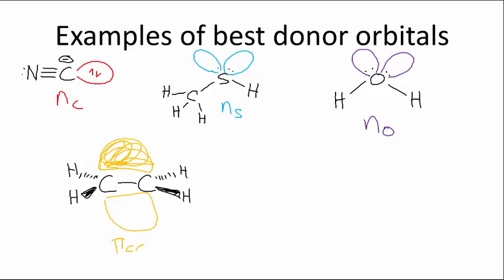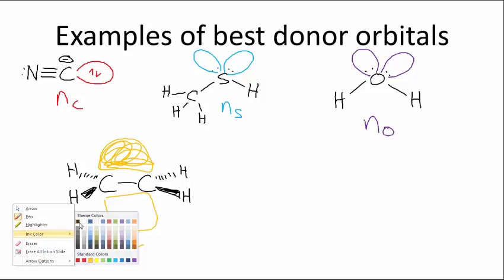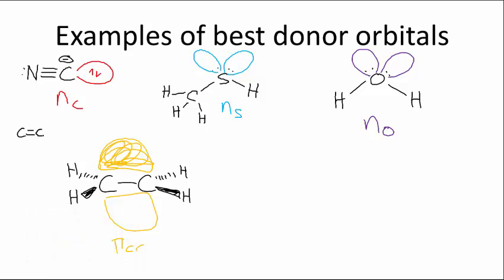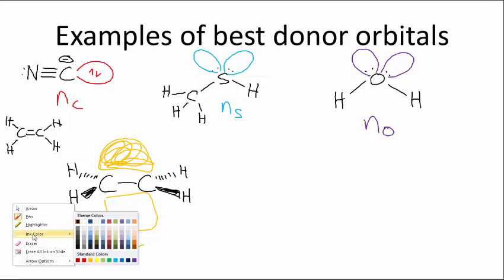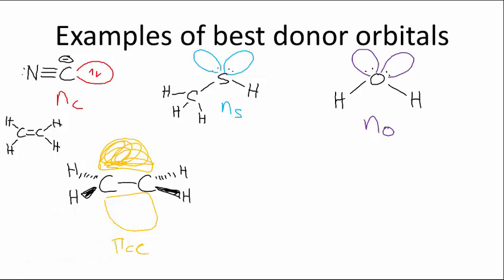Pi CC is a pretty good donor. It does look like a burger, yeah. So that would be in this molecule, C2H4, pi CC.